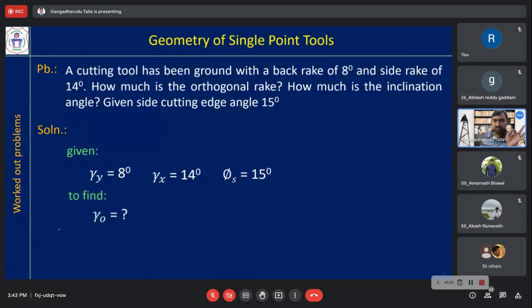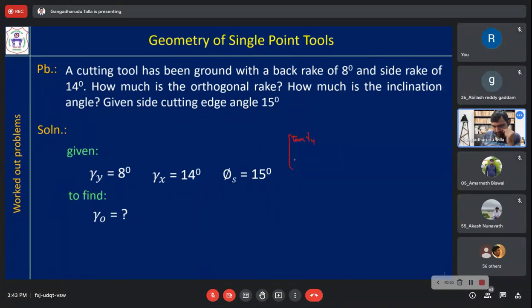Now you have to find gamma O. All of you do this and tell me the answer. You know this relation. I'll write it down again just to calculate.